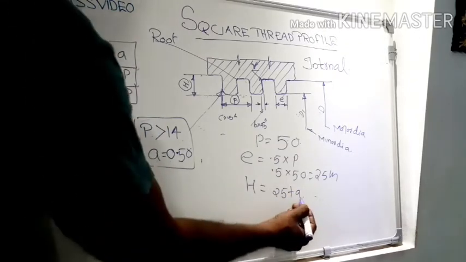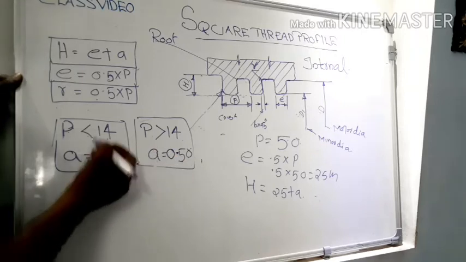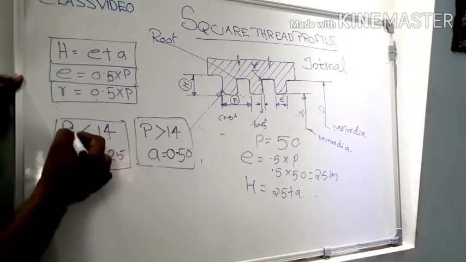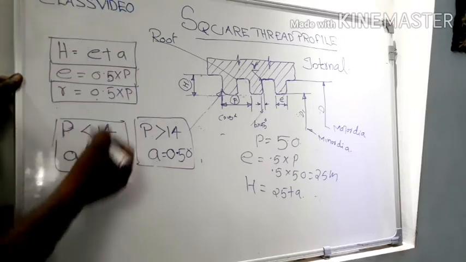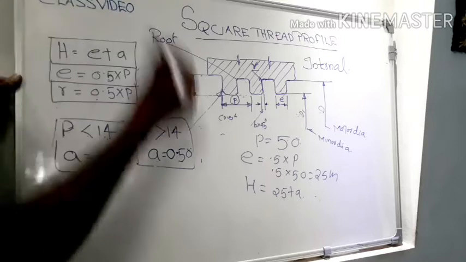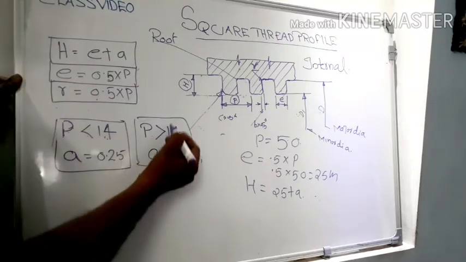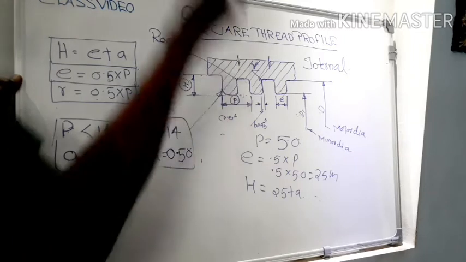To select A, two conditions are there. One is, if P is less than 14 millimeter, we take A as 0.25. If P is greater than 14, then A should be 0.5 millimeter.